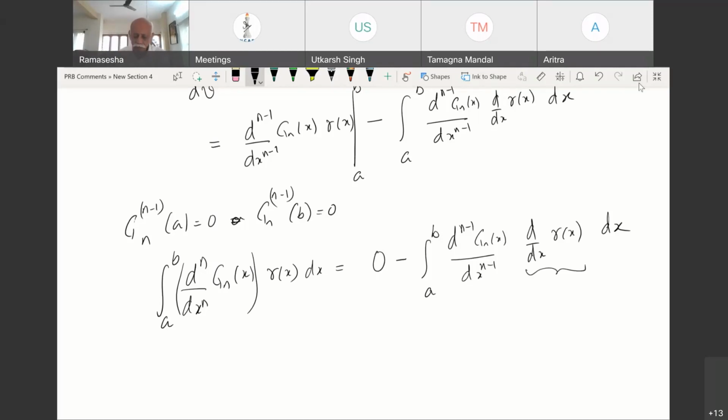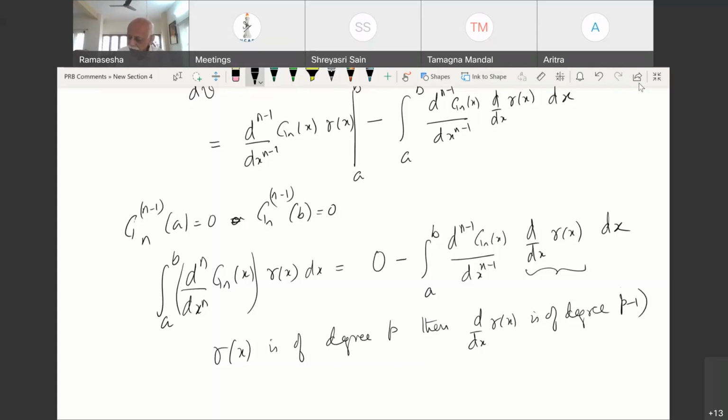So what is the degree of the polynomial if r(x) is of degree p? If r(x) is of degree p, then d by dx of r(x) is of degree p minus 1, because every time you differentiate, you reduce the power of x by 1.